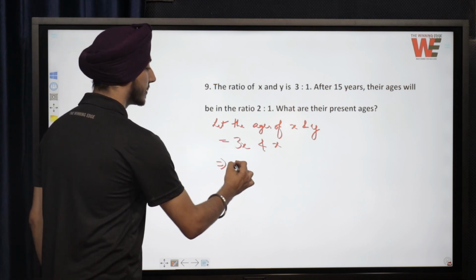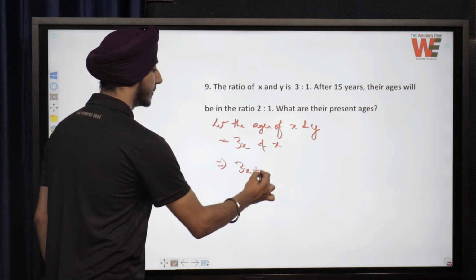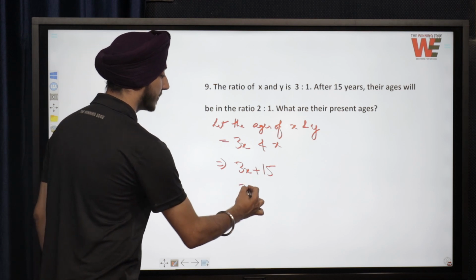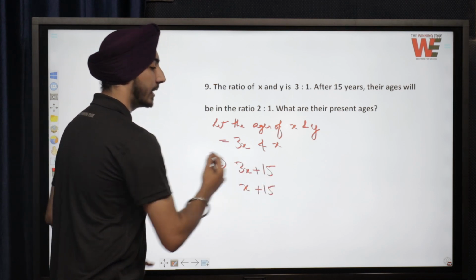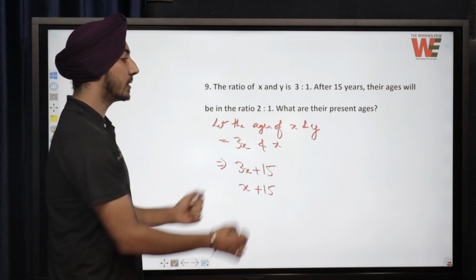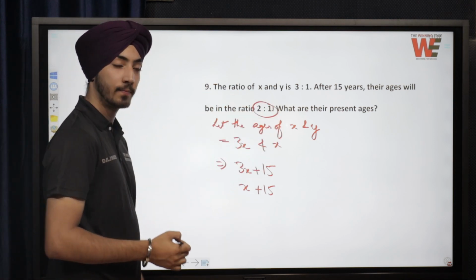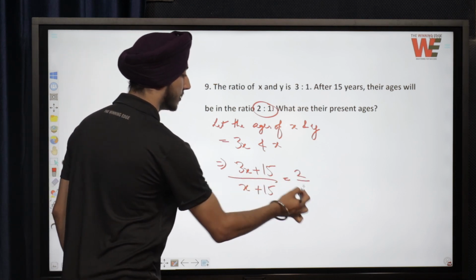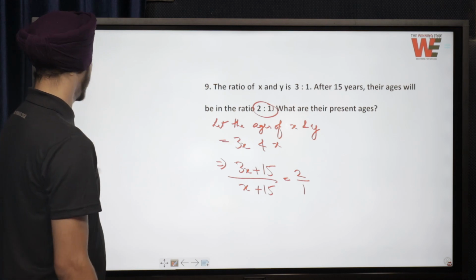So after 15 years, 3x will be 3x plus 15, right? And x's age will also increase by 15 years. So in x also we will add 15 years, okay? Now when you divide their ages, the ratio that you are getting is 2:1. So we will divide this and put it equal to 2:1.